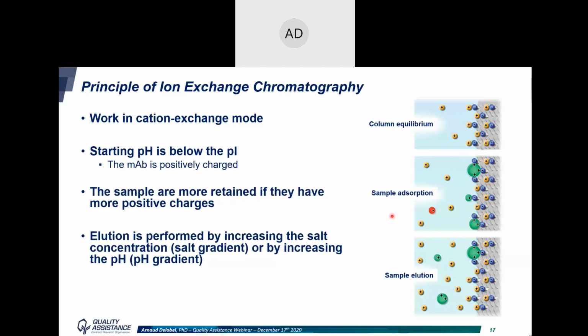If you increase the pH, you will lower the number of charges on your protein, and you will finally reach a pH that corresponds to the isoelectric point of your protein, and these proteins will be removed from the column and they will elute to the detector. And finally, using this mode of separation, acidic species will be eluted first and then the basic species.